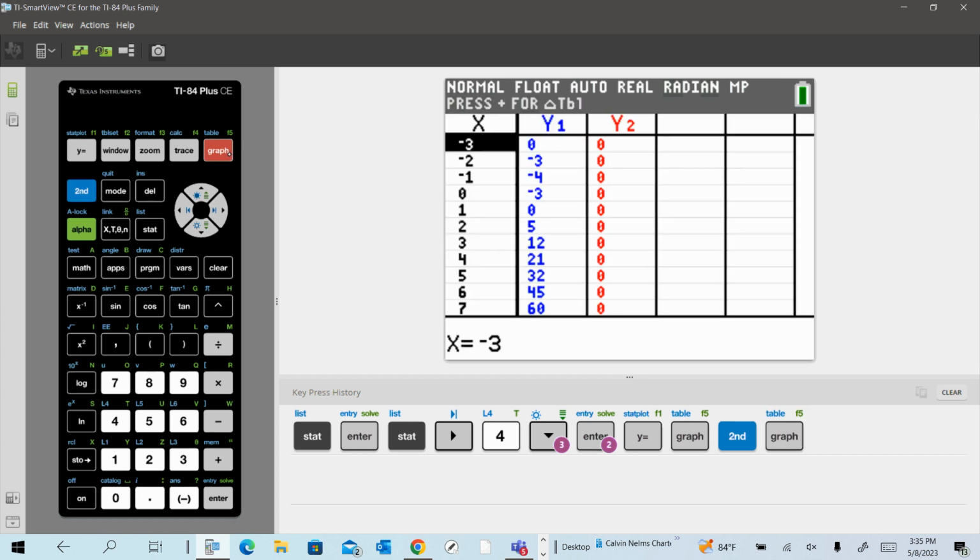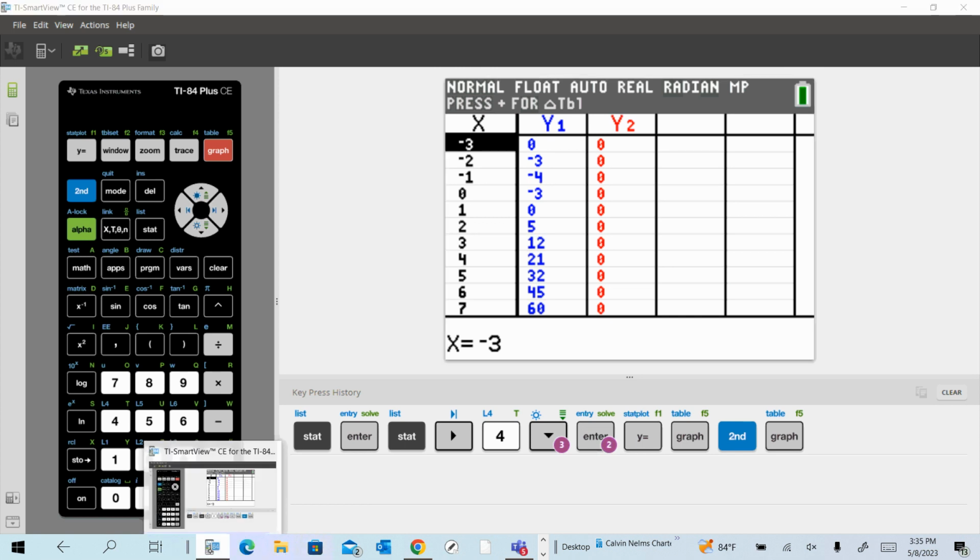Remember, in the table, we want the vertex, and that's where we see the pattern, the numbers repeating right here. So there's my vertex. It's at -1, -4. This is going to help me when I'm sketching my graph.